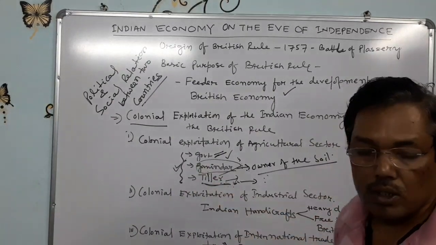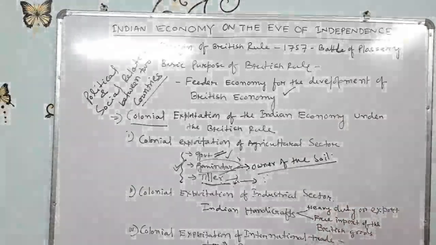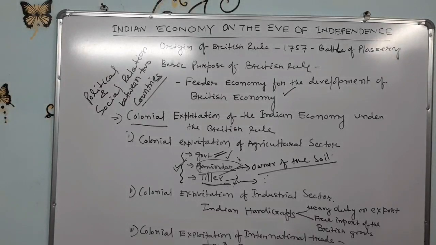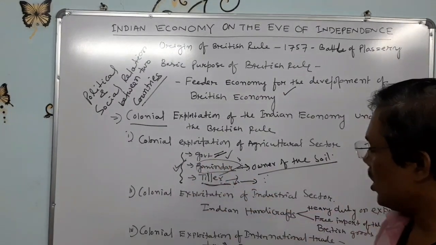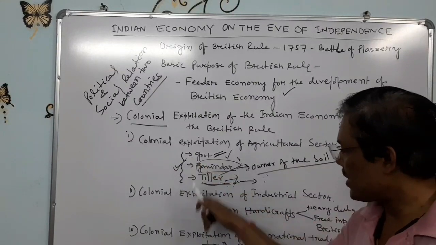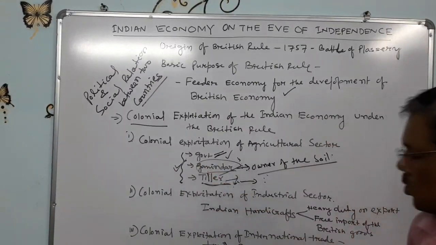Zamindar. So these are the conditions in the colonial system, because this system was imposed by the British empire, or British rulers, and they tried to exploit us Indians.